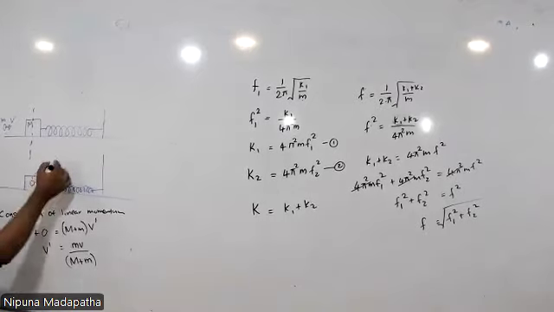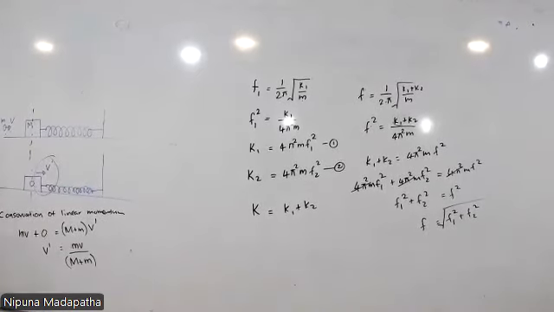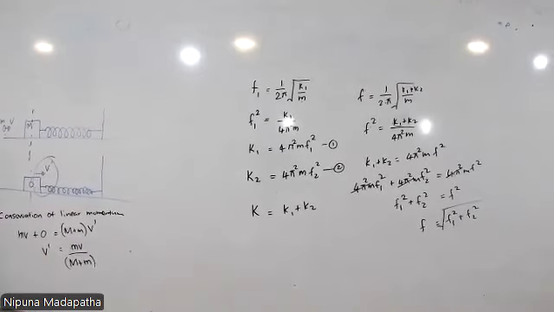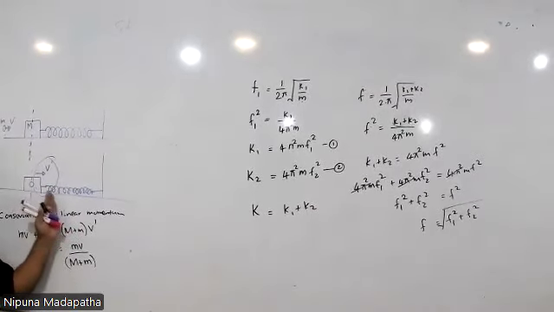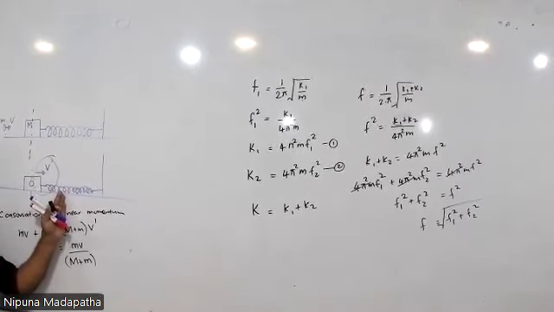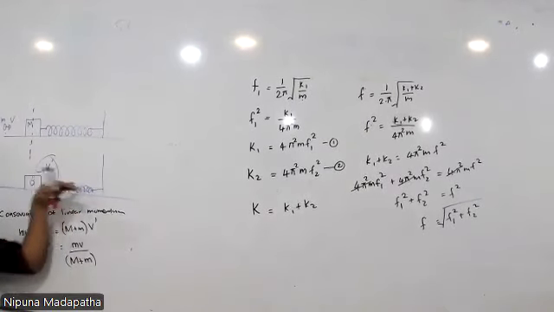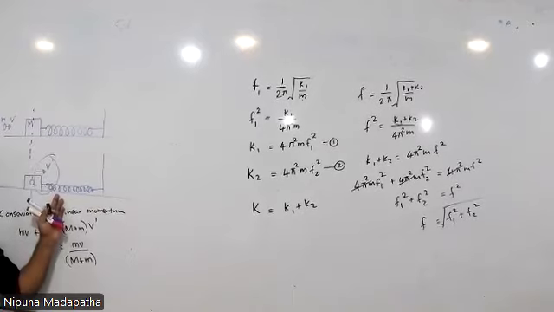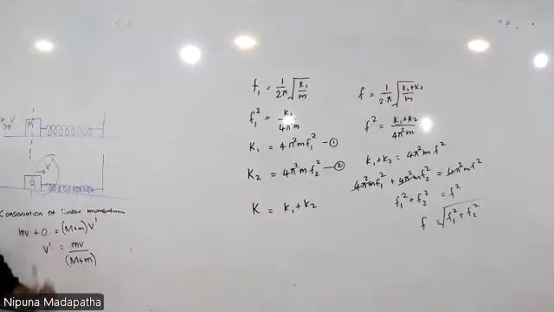Then what happens? After the collision, the system has kinetic energy. When the spring has compressed to its maximum distance, that kinetic energy has been converted into potential energy stored in the spring. So what is the expression for the kinetic energy?